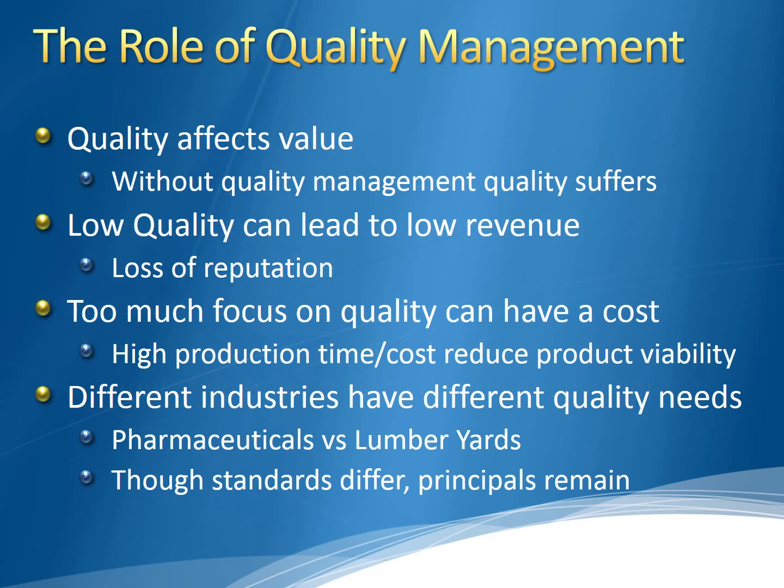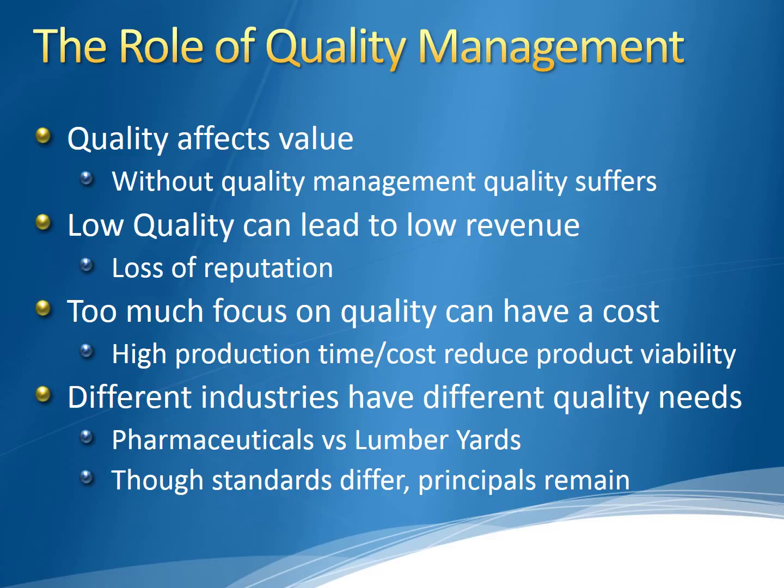The last aspect of operations management that we want to take a look at is quality management. Obviously, this is important because quality is directly related to value. Without quality management, your quality is going to suffer, and realistically, your value is going to suffer.